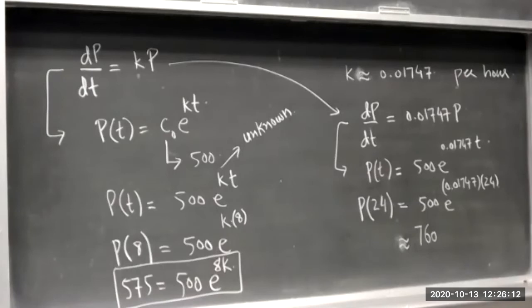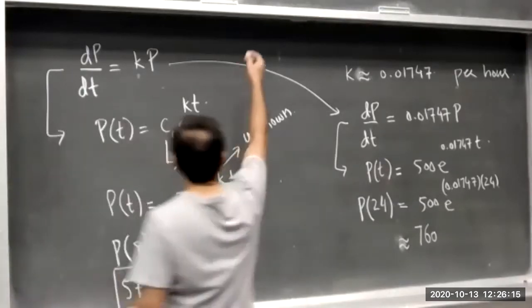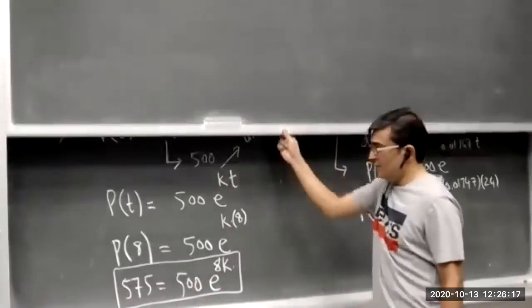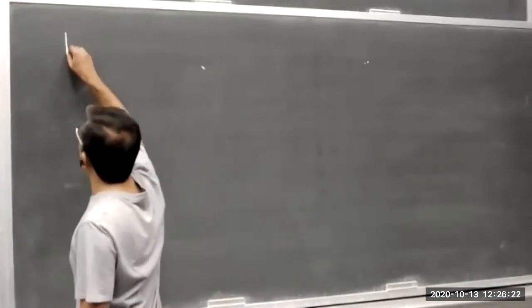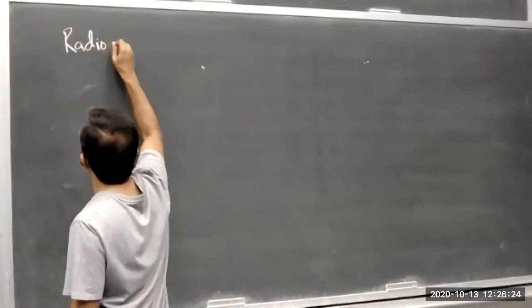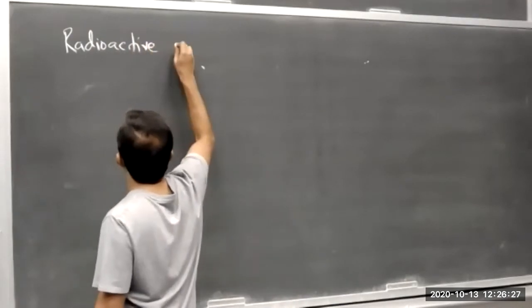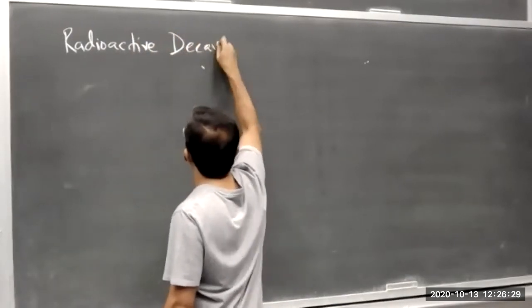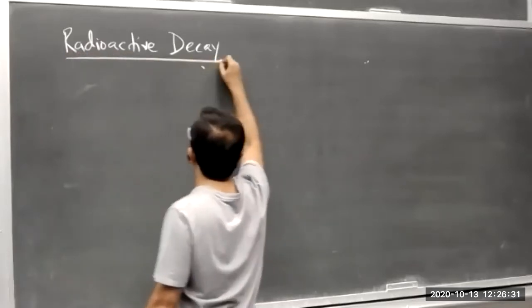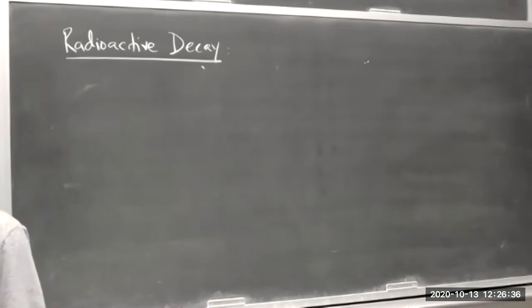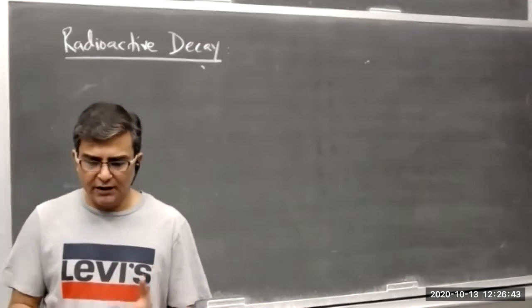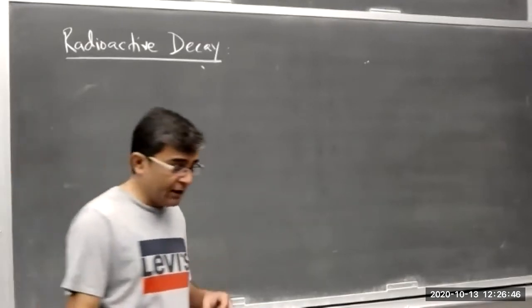Now, the next thing which we are going to discuss is radioactive decay. Decay models, or you can say radioactivity. Now, what is this radioactivity? There are many materials, for example uranium, polonium, and certain other kinds as well.